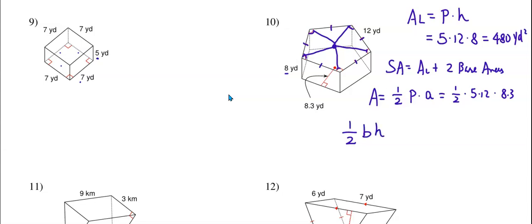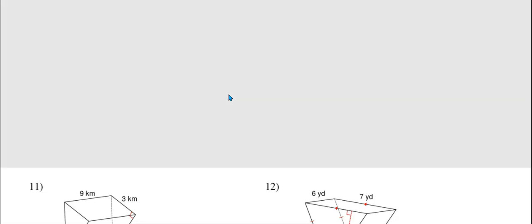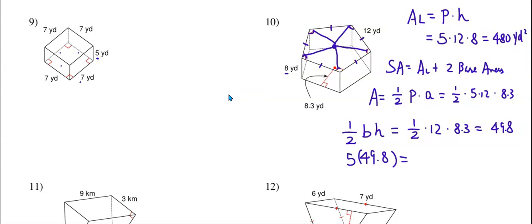Remember, this is the triangle base, triangle height. I say 1/2, base is 12, and height is 8.3. This gives me one triangle, and I have 5 of them, so I just do this times 5. And this will give me the area of my beautiful pentagon base.